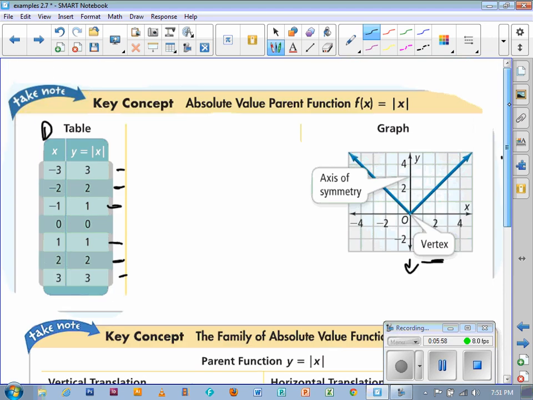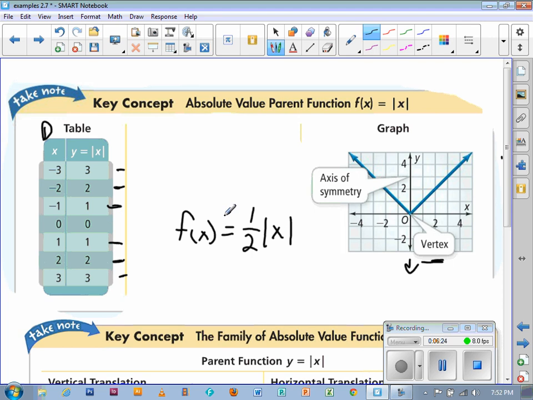And what's going to happen is, if I put in my function f of x equals 1/2 times the absolute value of x, something like this, I know right away, based on this A term, that that's going to affect the shape of the graph. It's going to affect all these outputs.